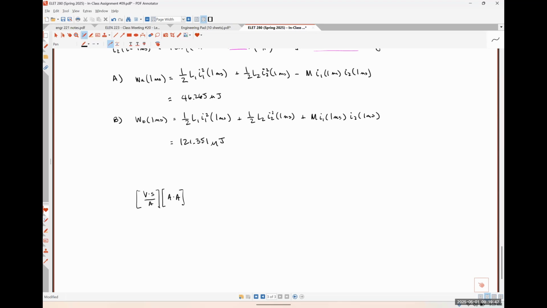So this amp in the denominator cancels this amp in the numerator. We're left with volts times seconds times amps. Well, what's a volt times an amp? A watt. And what's a watt times a second? A joule. So I just wanted to make sure you guys are aware of where the units are coming from.